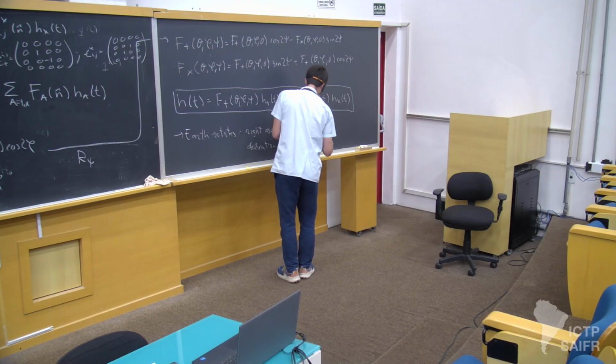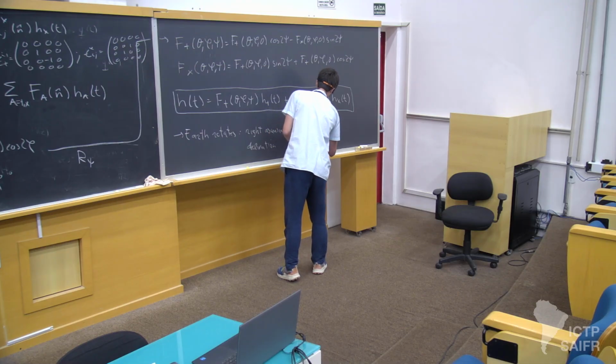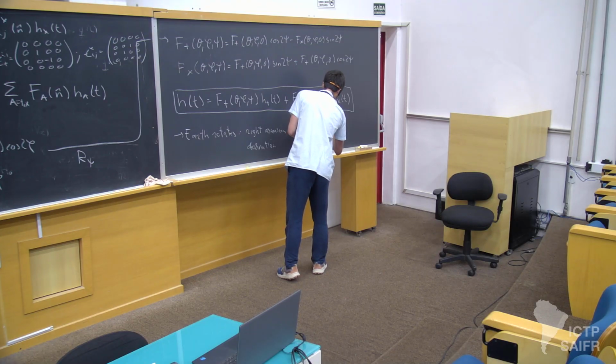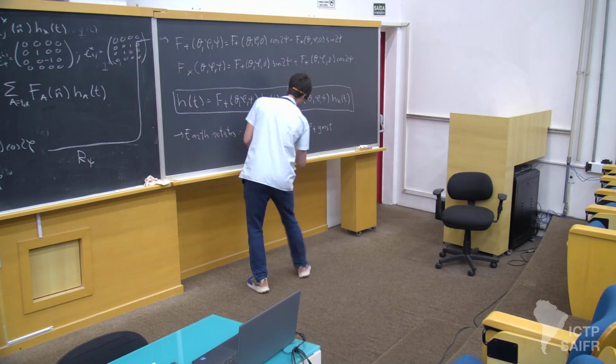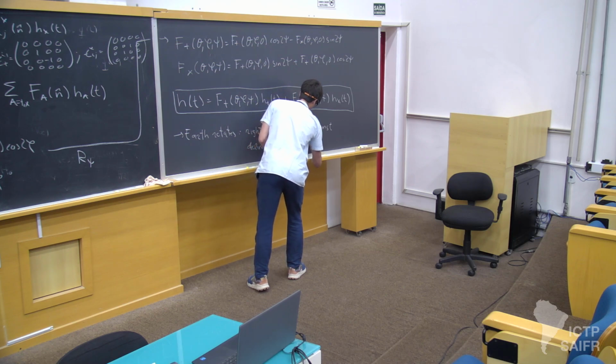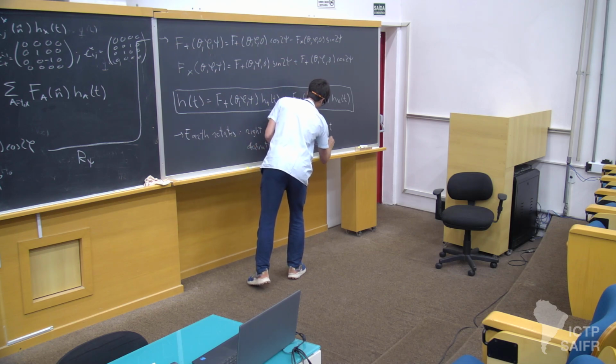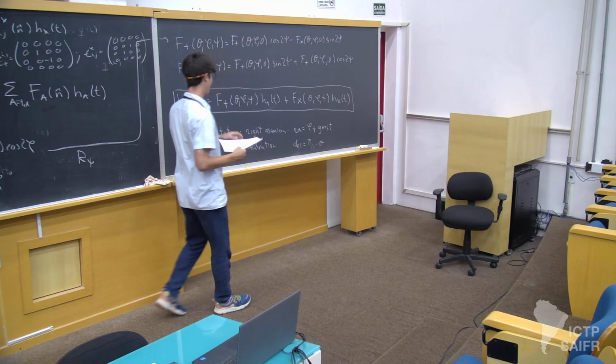The right ascension is given by the angle phi minus the Greenwich mean sidereal time, and then the declination is just a change here.